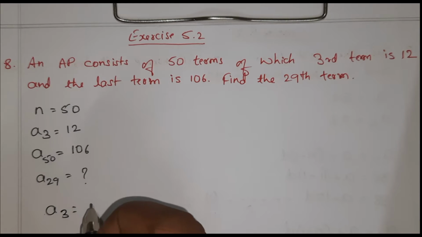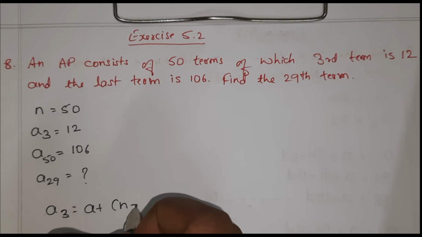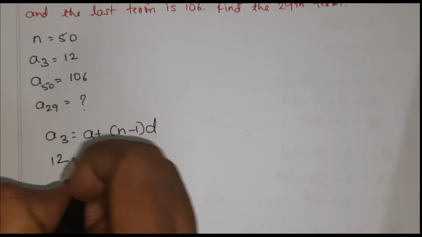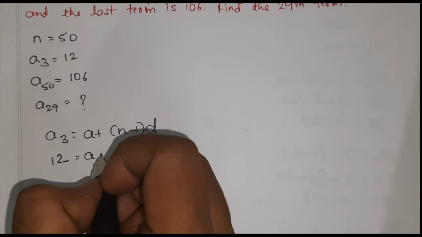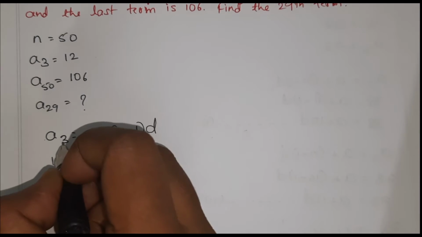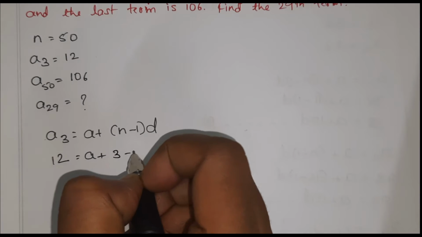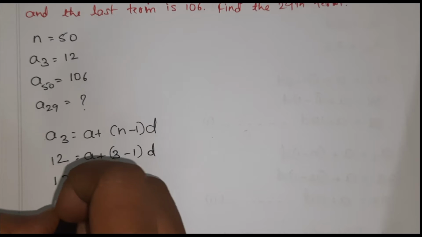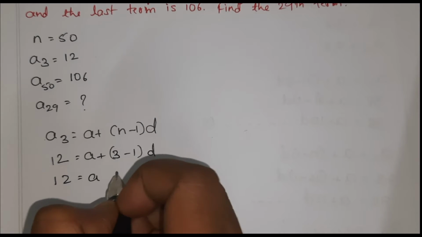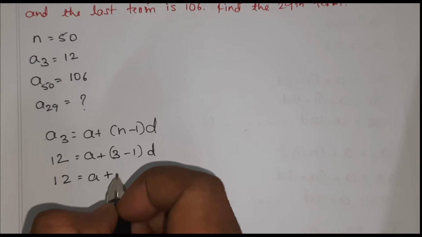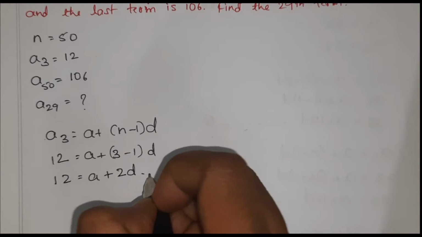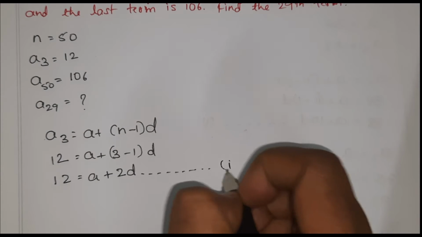A3 is equal to A plus n minus 1 into D. A3 is given as 12, A we don't know, plus n, the number of terms, let us take it as 3, into D which we don't know. 12 equals A plus 3 minus 1, it is 2, into D. Let us consider this as our first equation.